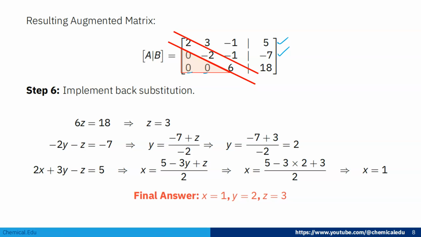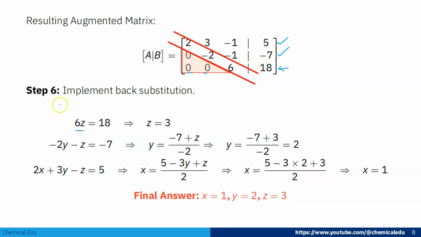Now we have to do the back substitution. From this back substitution we will get the values of x, y, z. From row 3 we get 6z is equal to 18, because the x and y coefficients are 0.